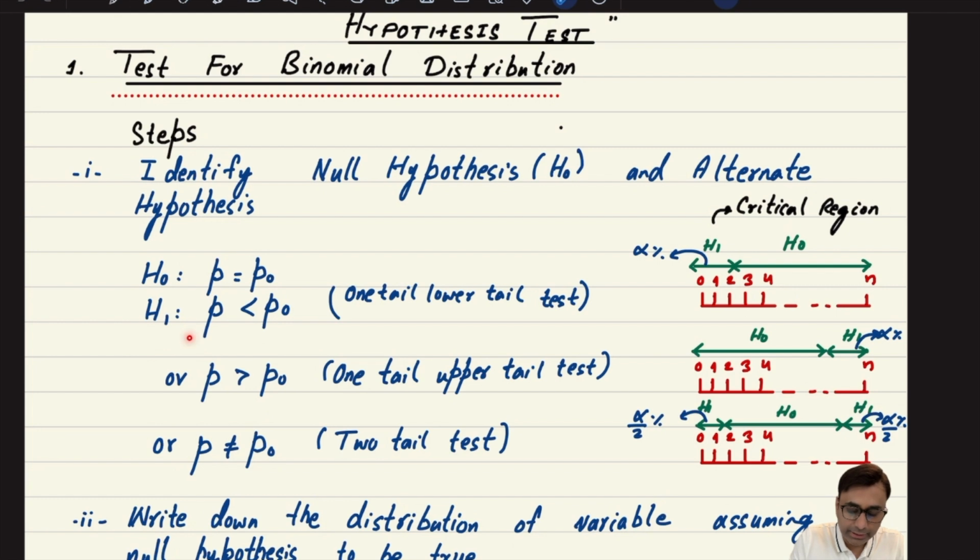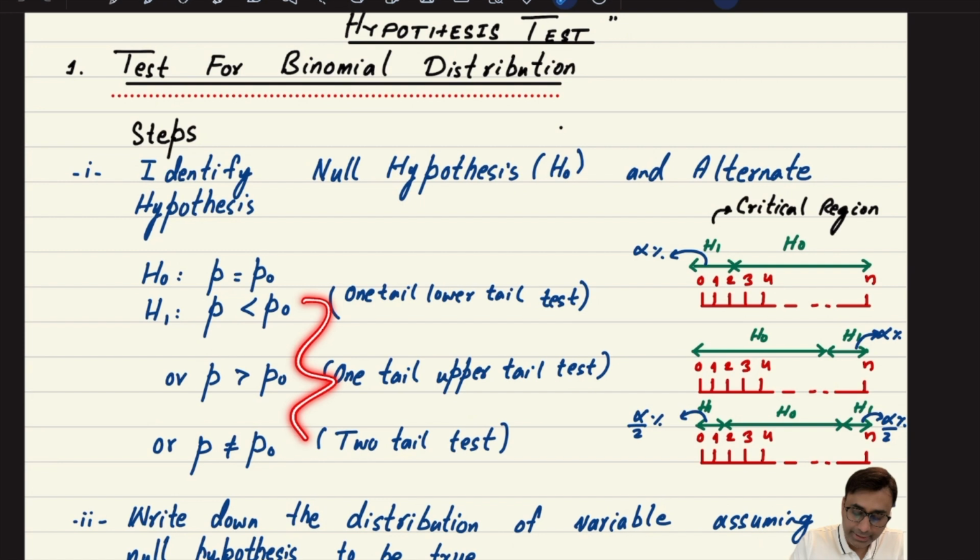So if there's a decrease in probability, then you would say P is less than P naught. P naught is the probability value that you would be testing it on. If you are looking for an increase in probability, you would write P is greater than P naught. Or if you're looking for a change in probability, that is, you're not sure whether it has increased or decreased, you will write P is not equal to P naught.